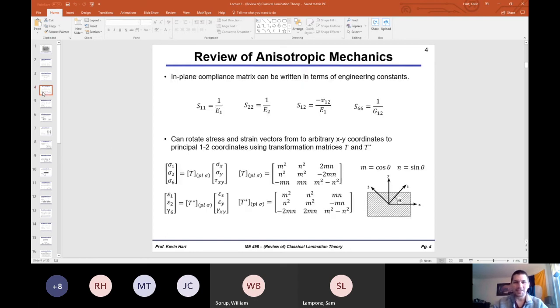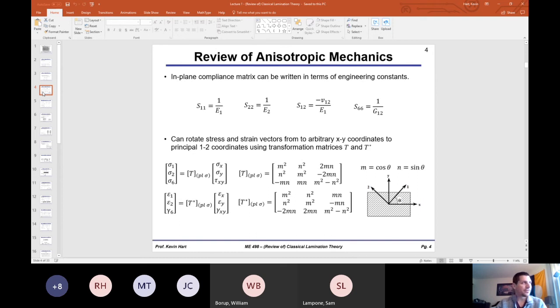Continuing, we are able to relate the compliance matrix to material properties using mock experiments, say uniaxial tension in the one direction, to relate compliance S11 to strain epsilon 1, and show that our compliance matrix S can be written in terms of traditional engineering properties like E1, E2, and nu12.